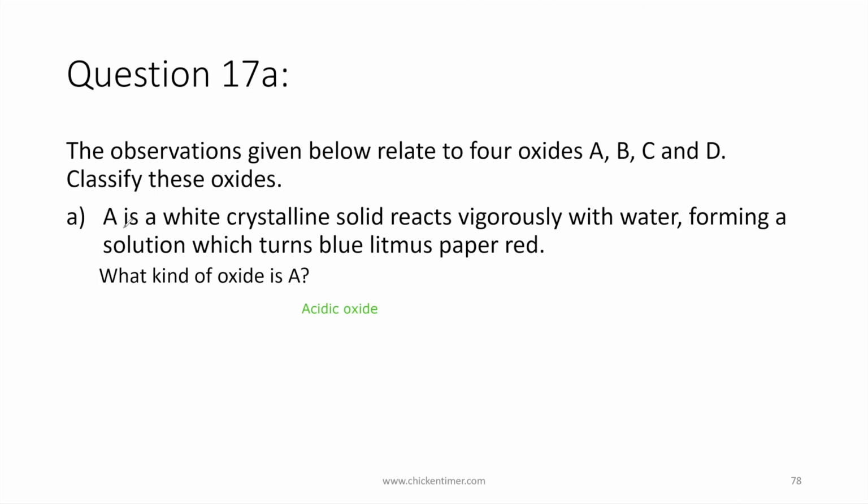If I were to ask you for an explanation, why is it an acidic oxide? Would you be able to produce the answer? Yeah, first it reacts with water. Okay, so the first evidence is it reacts with water, and then when it reacts with water, it turns blue litmus paper red. This tells you that the solution formed is an acidic solution.